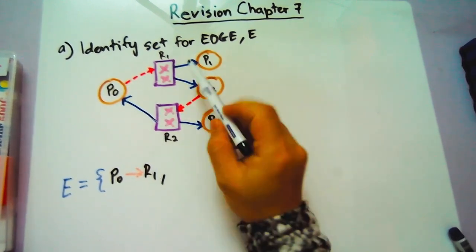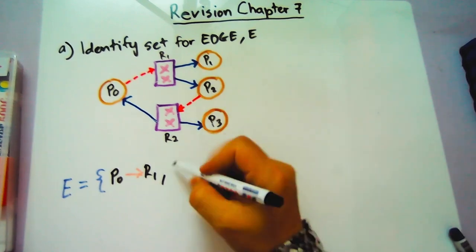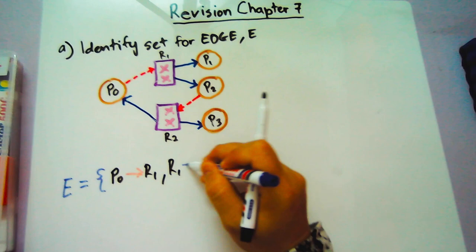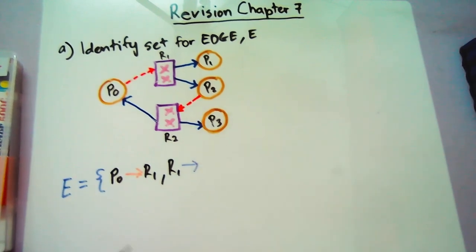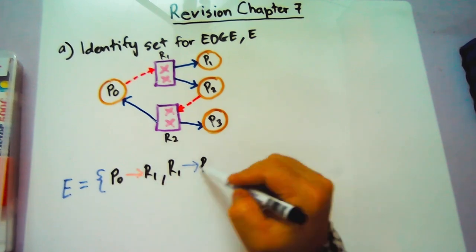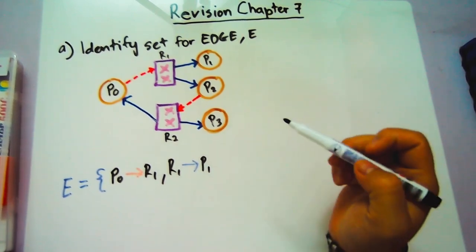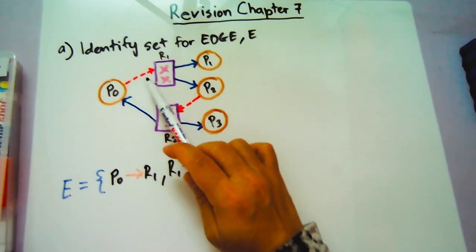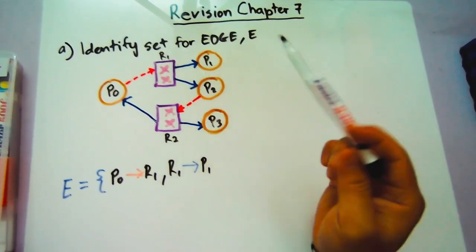The second edge is the edge of R1 to P1, which represents resource R1 is assigned to process P1.